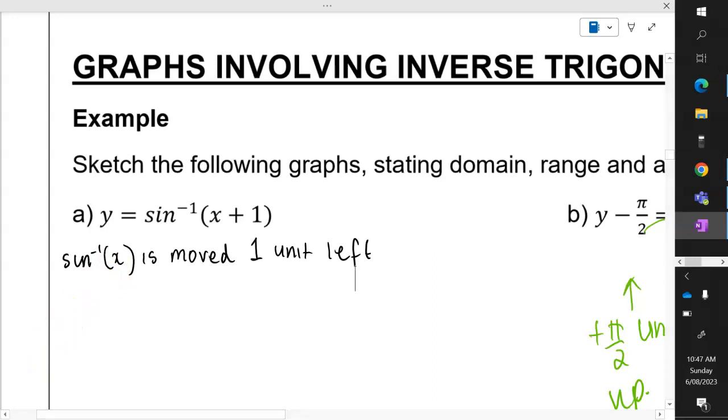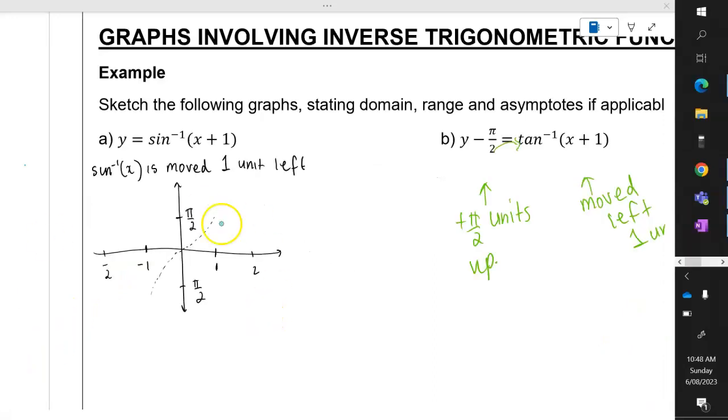So let's do that. Okay, so the dotted line down below here is my inverse sine of x curve. So the domain is between -1 and 1 and our range is between minus pi on 2 and pi on 2. We're going to move that graph 1 unit to the left. So instead of cutting at the origin, I'm going to cut at this point here at -1 on the axis. And everything's just going to move 1 unit across. So my new curve is going to look like this.